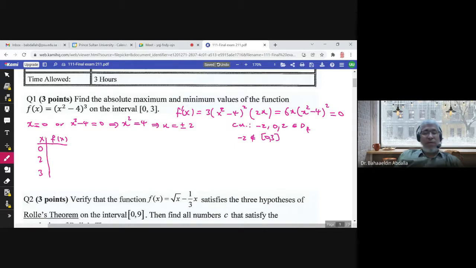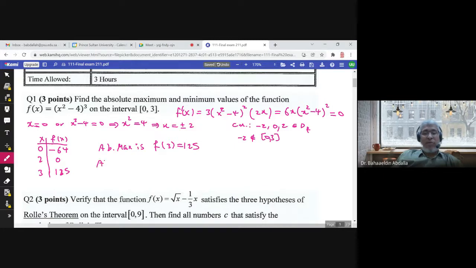Now, replace x by 0. F of 0 is negative 4 to the power 3, which is negative 64. F of 2: 2 squared is 4, 4 minus 4 is 0, to the power 3 is 0. F of 3: 3 squared is 9, 9 minus 4 is 5, 5 to the power 3 is 125. So the absolute maximum is 125, and it is f of 3.